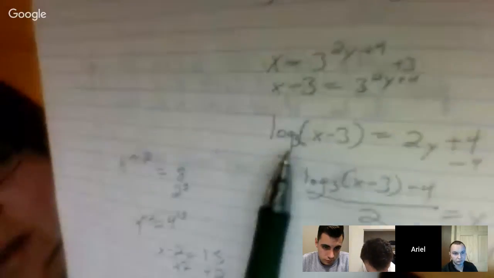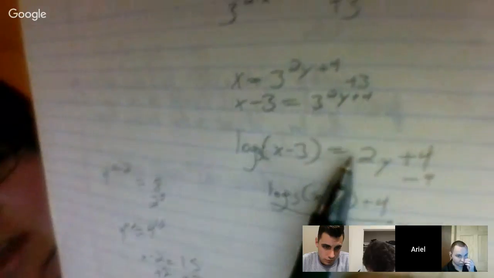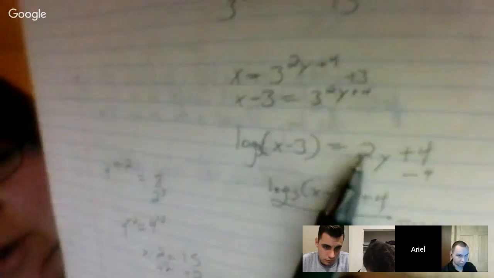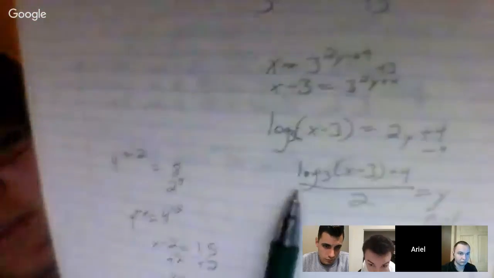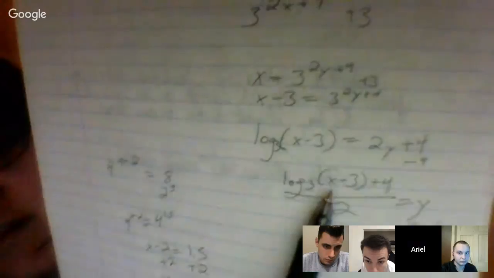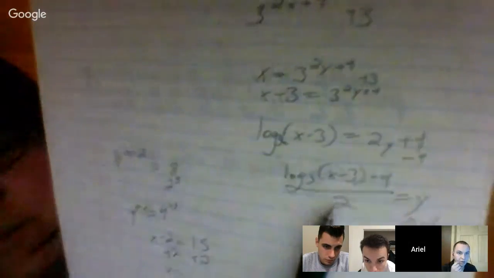Yeah, and I'm pretty sure that's good, because then that gave me log base 3 of x minus 3, and then that gave me this part by itself with the y. But then my end result looks like log base 3 of x minus 3, plus 4, over 2.